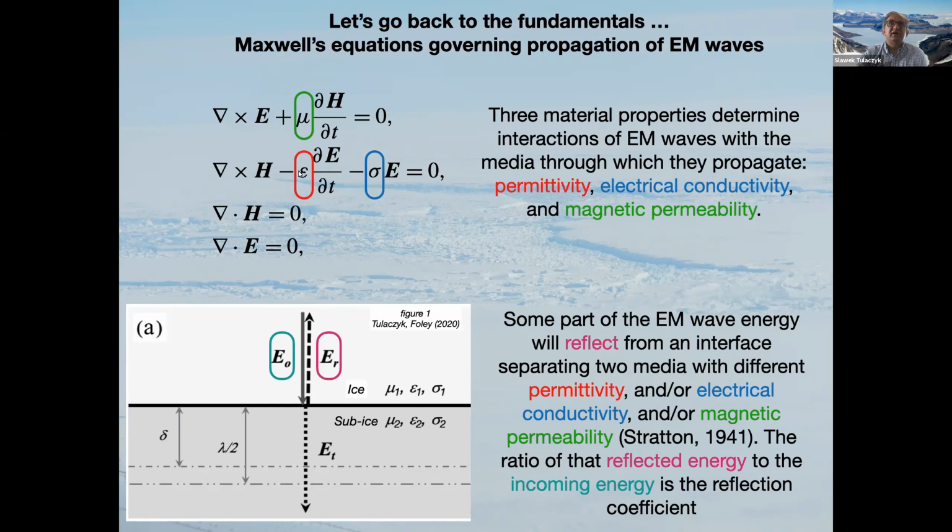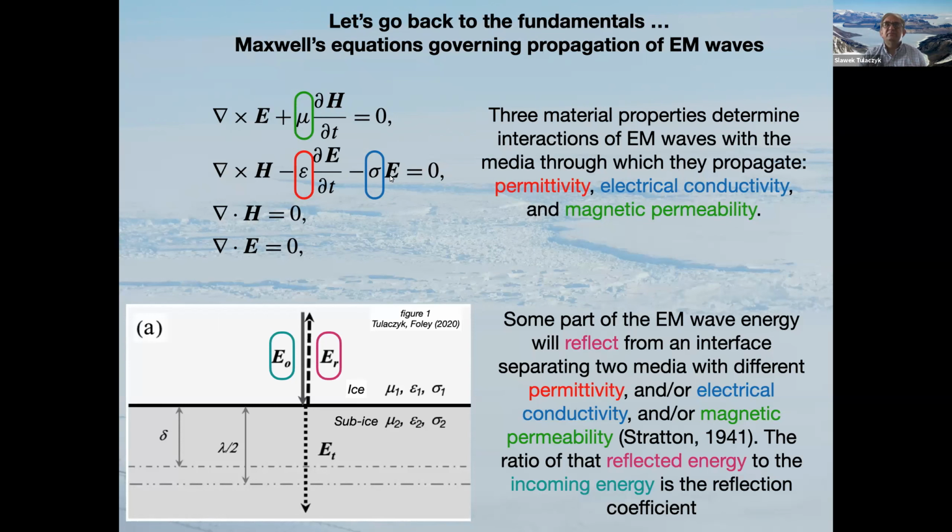One of them is our familiar permittivity that we already know and love. The other one is magnetic permeability. And then the last one is electrical conductivity, which basically controls, among other things, attenuation in the material.